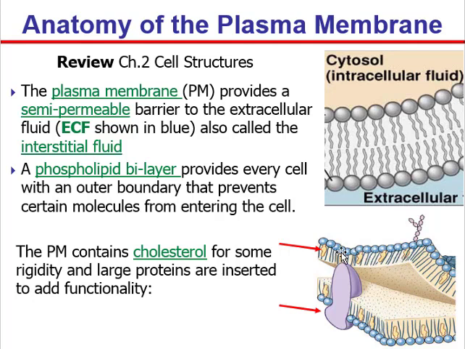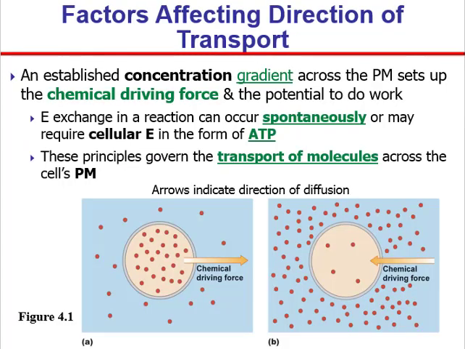And we can see that there's some cholesterol inserted into this membrane to act as something to stiffen up the phospholipid bilayer. And then we see this large purple protein inserted into the membrane, adding functionality. And our main function, if we're a barrier and we're a plasma membrane, is to regulate what comes into and out of the cell.